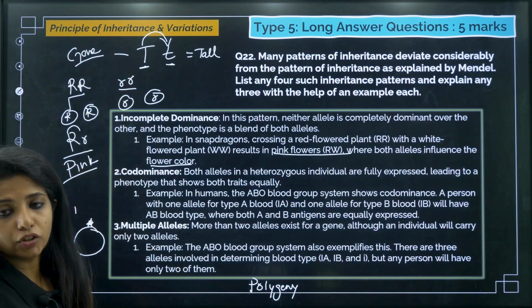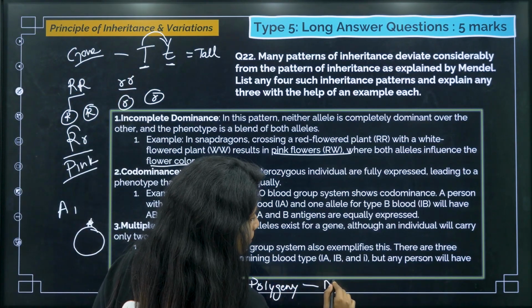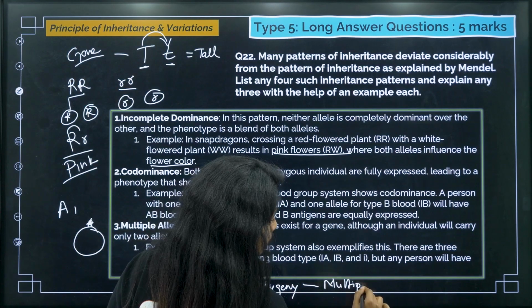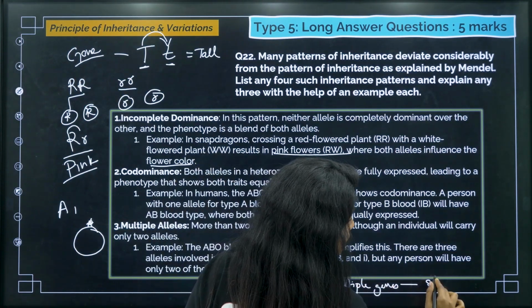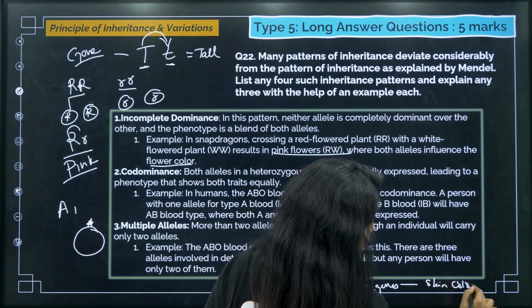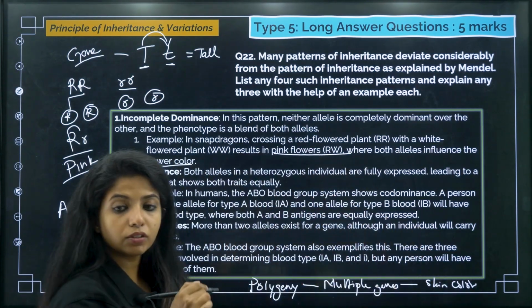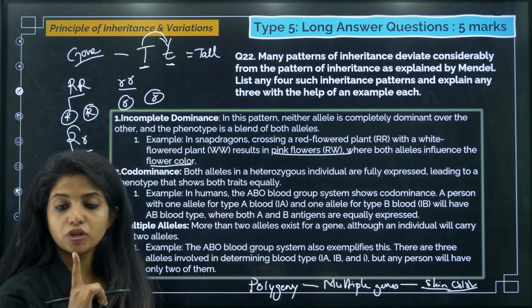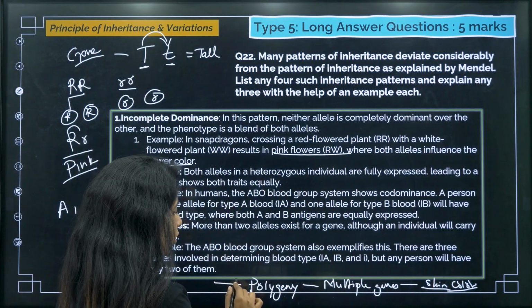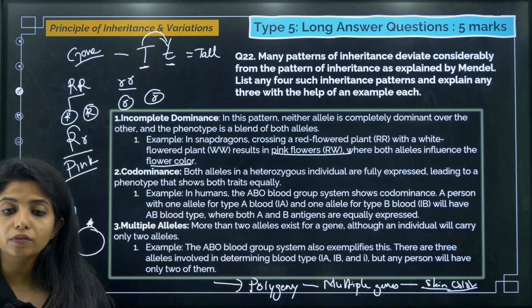But over here in polygeny, there are multiple genes, and these multiple genes are responsible for what, children? The skin color. So the combined effect of all these genes will decide the skin color. It's not decided by one gene. So this is an example of polygeny, where multiple genes come together to give the skin color.